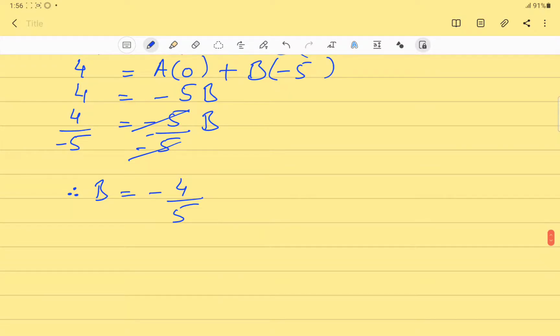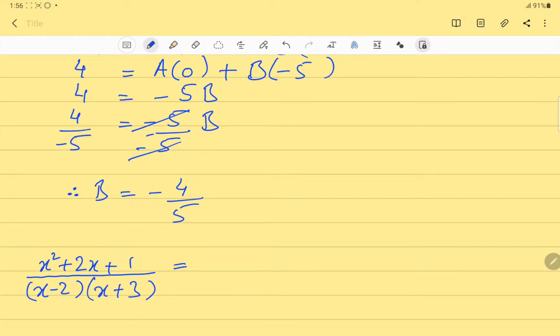Okay, now since we have found the values of A and B, we are in a position to find the partial fractions. Let's write it. x squared plus 2x plus 1 over x minus 2 into x plus 3 is equal to, please don't forget to write 1, which you have ignored for the time being in the beginning.